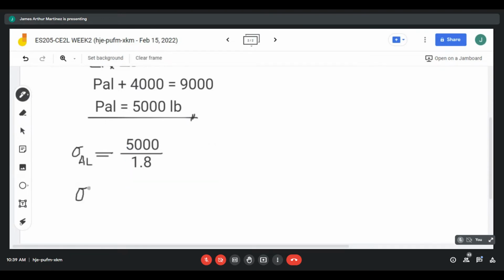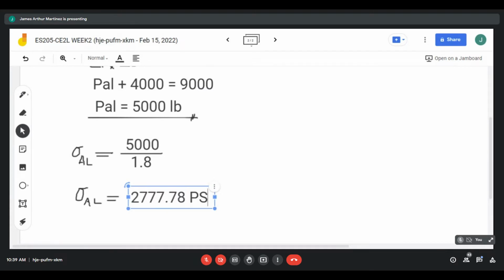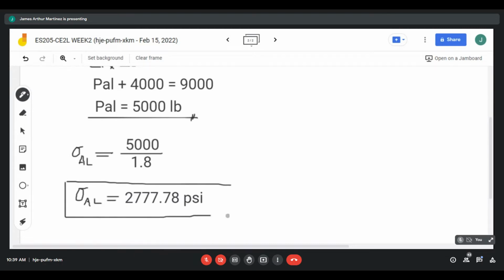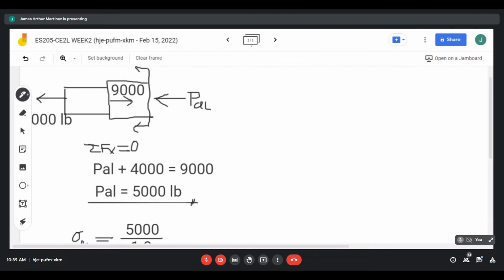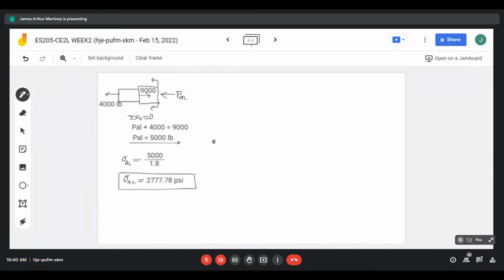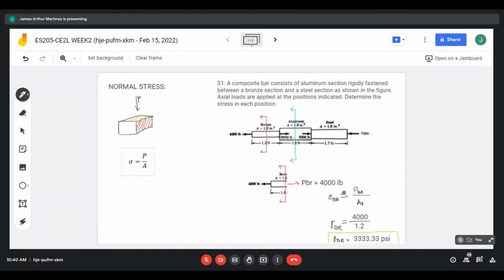So 5,000 divided by 1.8 is 2,777.78 PSI. Don't forget the units, class. They are part of your solution and your answer. If there are no units, the answer is not correct. So we have determined the stress at aluminum.